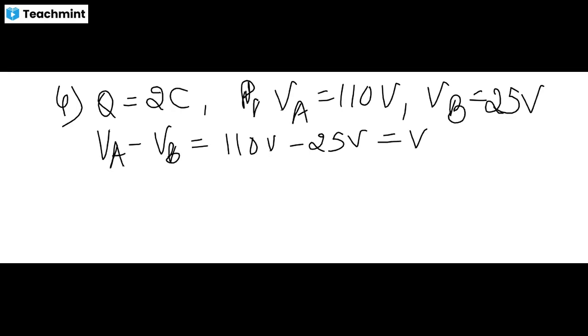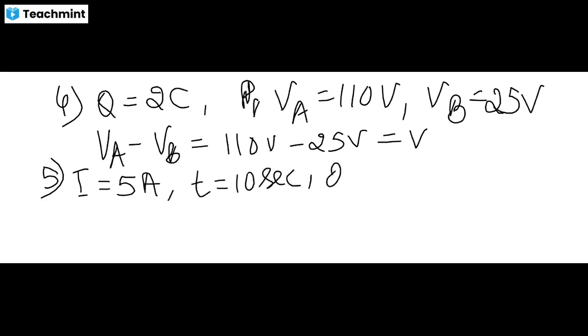Then, fifth question: if the current through a lamp is 5 amperes, what is the charge passing through it in 10 seconds? Okay.